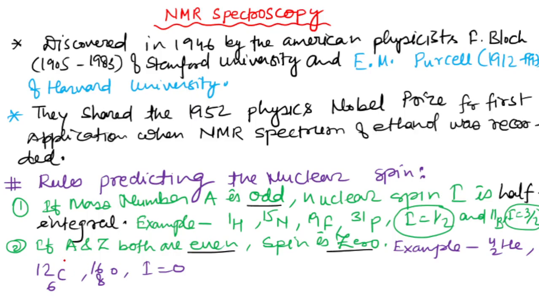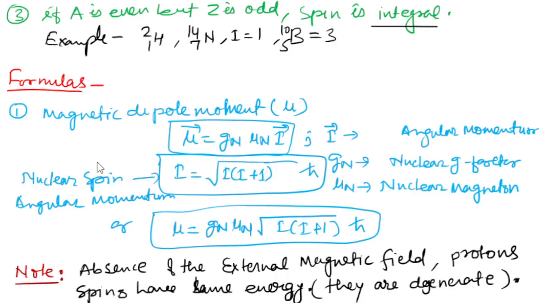Second case, if the mass number and atomic number are both even, then the spin is 0. For example, helium, carbon, oxygen show I value zero. Now the last rule: if the mass number A is even but the Z value, the atomic number, is odd, then the spin is integral.